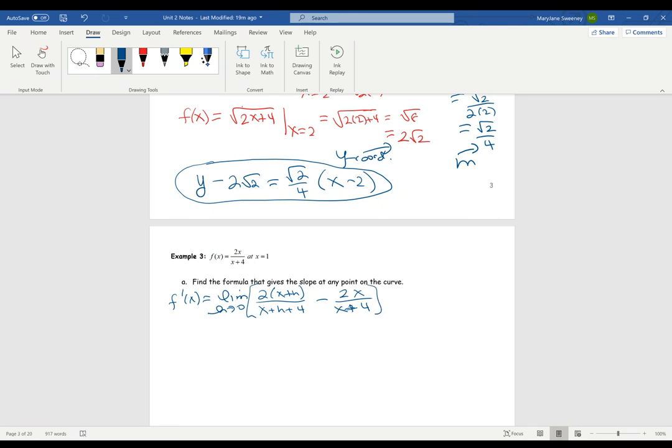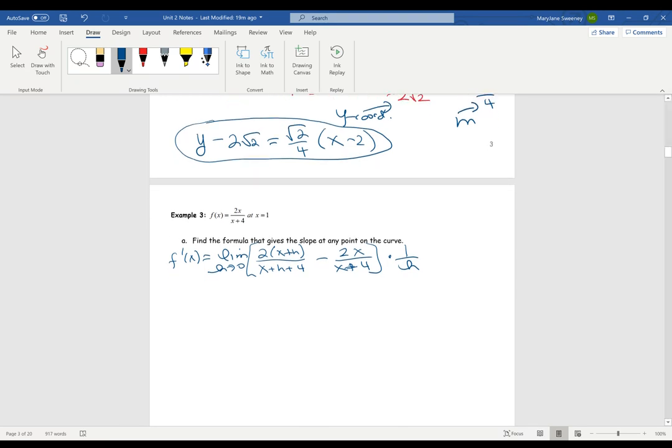Since this is a fraction, I'm going to say times 1 over h, right? The reason I'm going to do that is, dividing by h is the same as multiplying by 1 over h. And I just don't want to have a complex fraction that I'm having to carry down. So limit as h approaches 0. I'm going to distribute through the top.